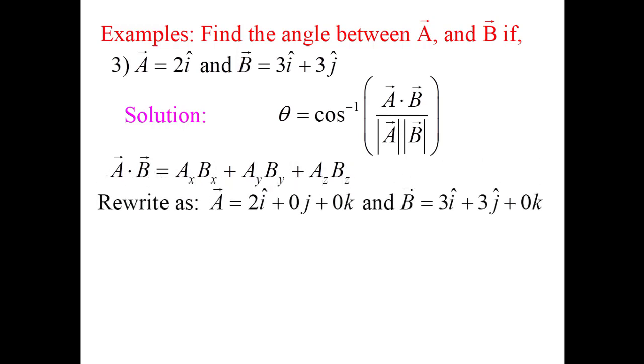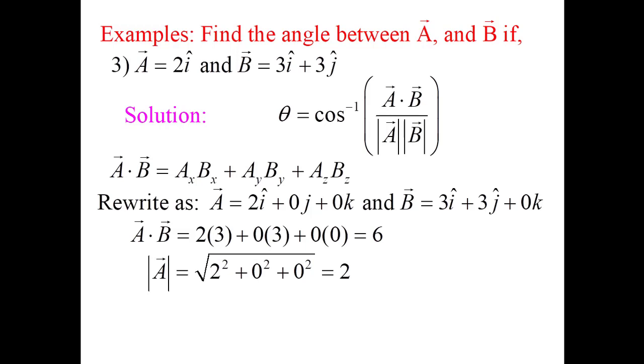As I have told you earlier, vector A contains only the i term, and we have to fill the remaining terms with 0, that is 0j plus 0k. Vector B has only i and j, the k term is missing, so we fill it with 0k. After doing so, we multiply the i of A with that of B, and so on for j and k. Then you simply get A dot B equal to 6.